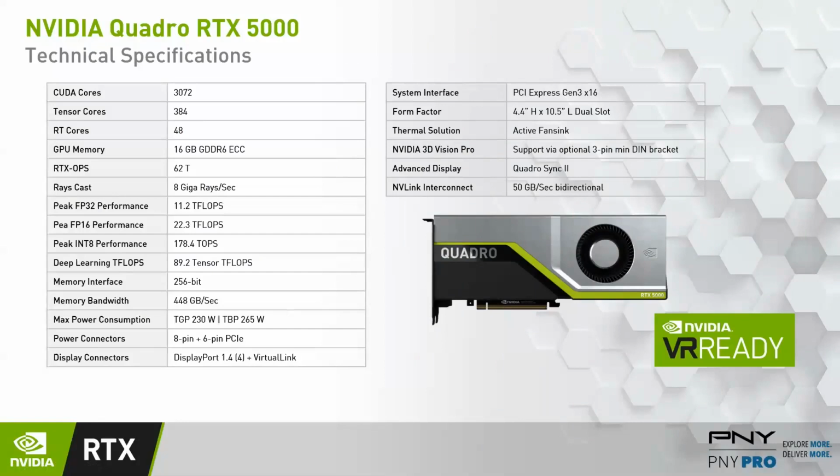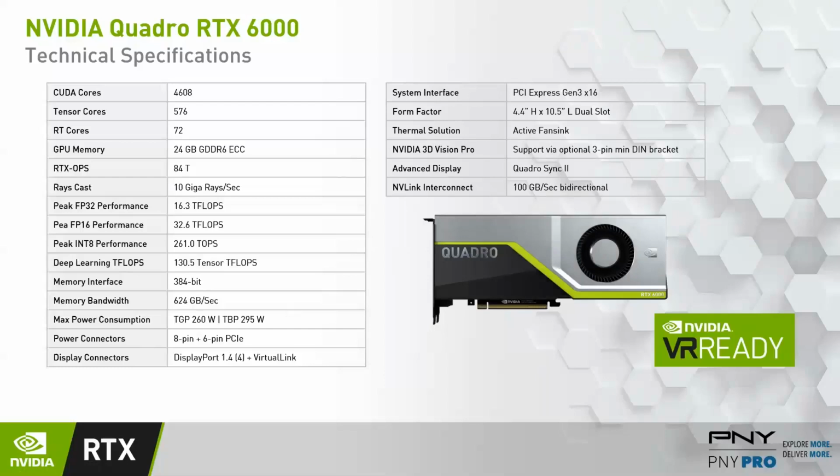A new feature that comes in here is something called NVLink. If you ever needed to scale performance, NVLink would allow you to drop in another RTX 5000 and through the NVLink bridge, treat those two physical cards as one logical entity with near linear performance scaling, and it would also take the amount of GPU memory available for rendering up to 32 gigabytes. Next slide, please.